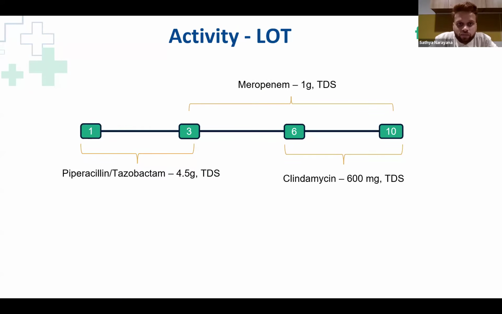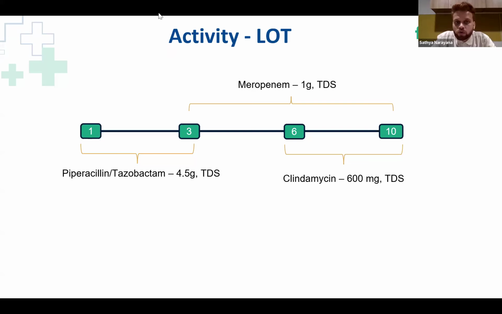So this is one more thing. See, for example, the same example I'm using. If a patient is on 3 antimicrobials, from first to third day the patient is on piperacillin tazobactam, then from third day to 10th day, the patient is on meropenem, plus from 6th to 10th, the patient is on clindamycin.